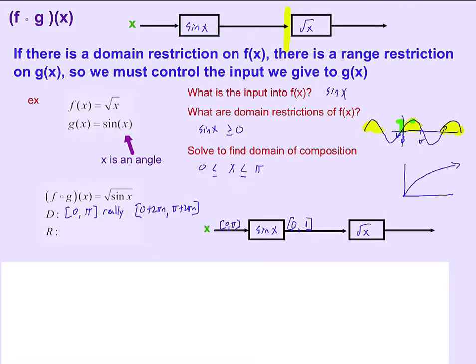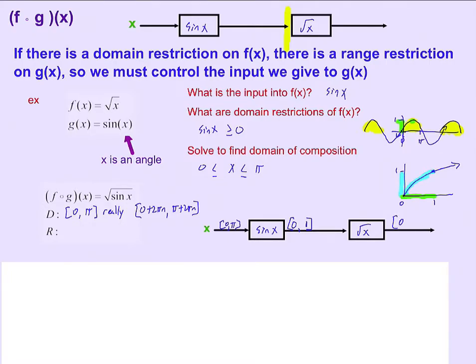But if I'm only plugging in numbers between 0 and 1, because those are the numbers that came out of my sine graph, I'm only going to get numbers between 0 and 1 on the y-axis. That's going to be my range. The resulting numbers are only the numbers in between 0 and 1.